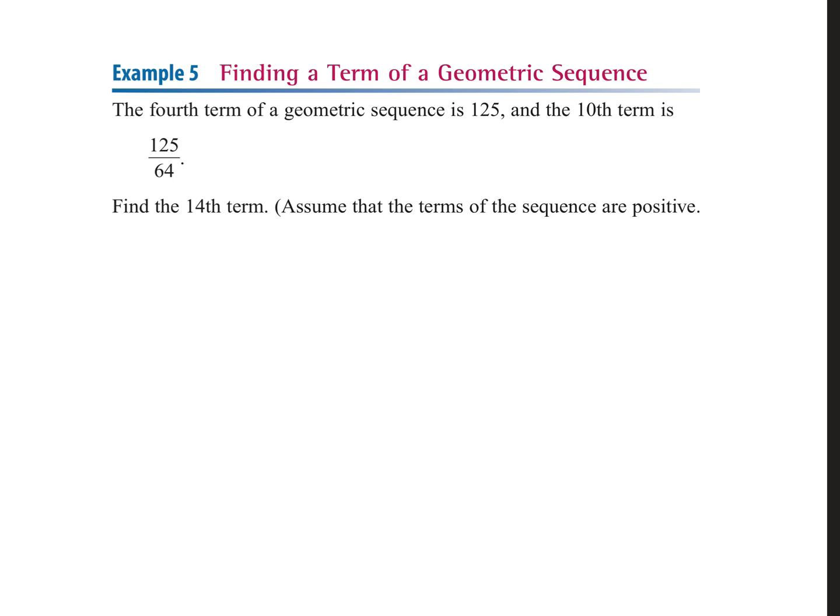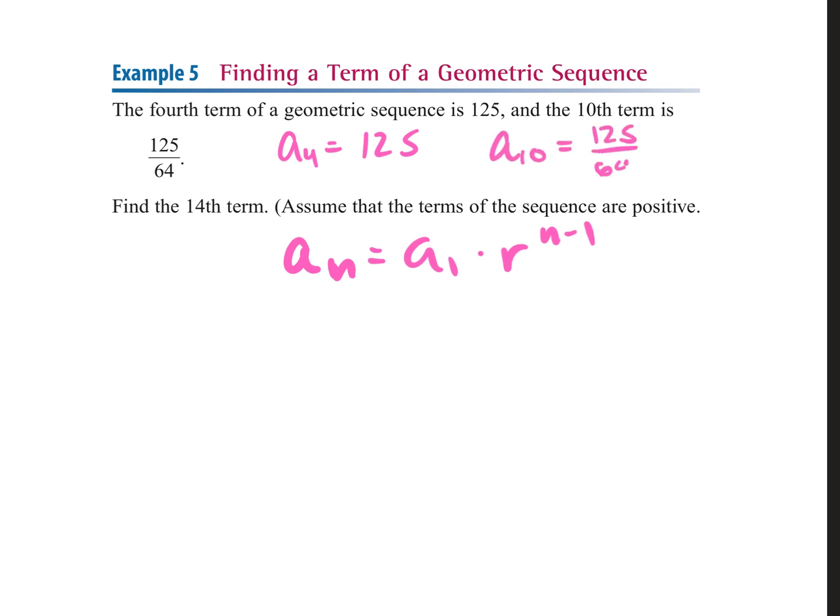So our formula is a sub n is equal to a sub 1 times r to the power of n minus 1. We were given a sub 4, which is 125, and a sub 10, which is 125 over 64.